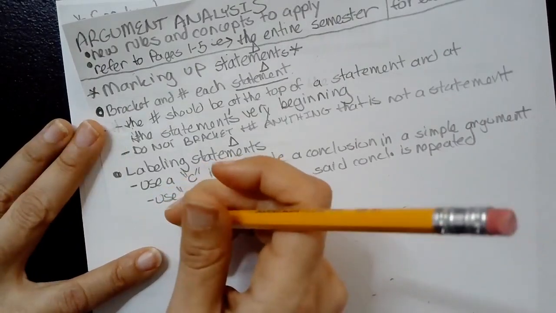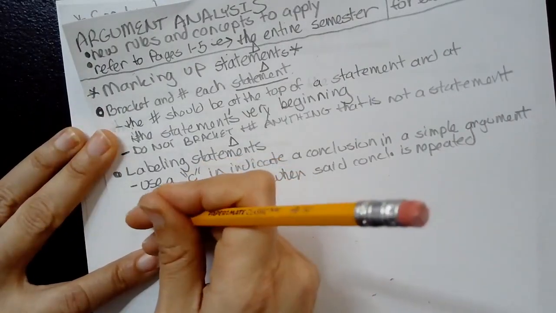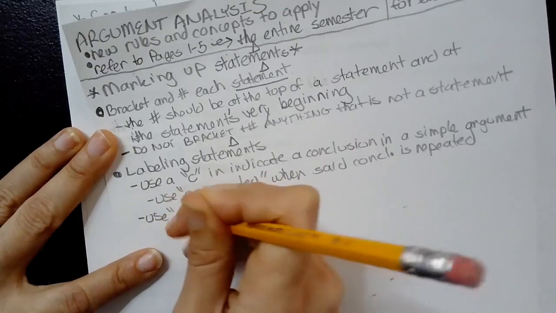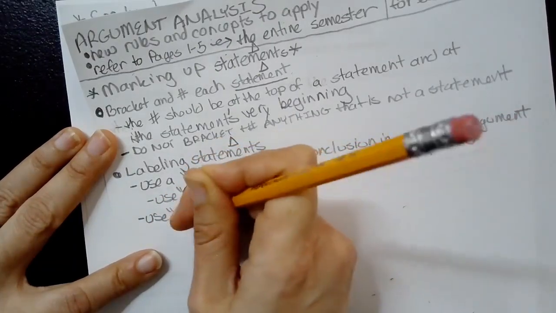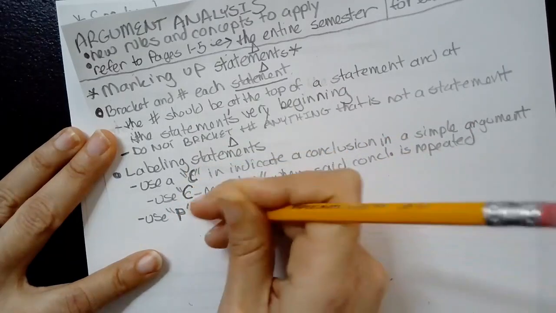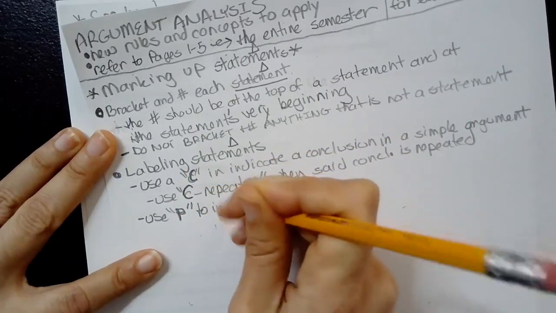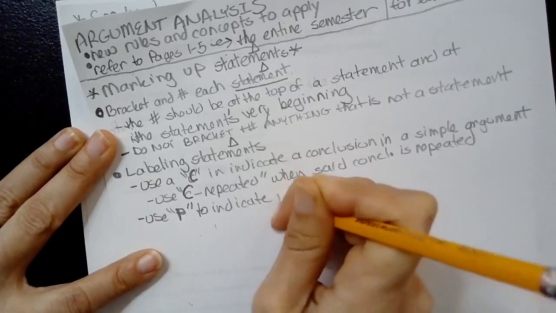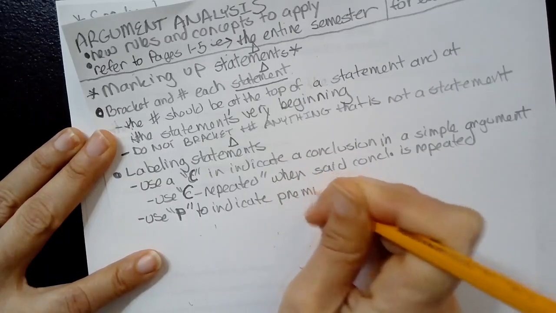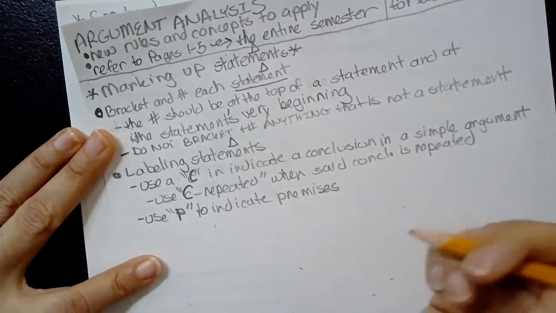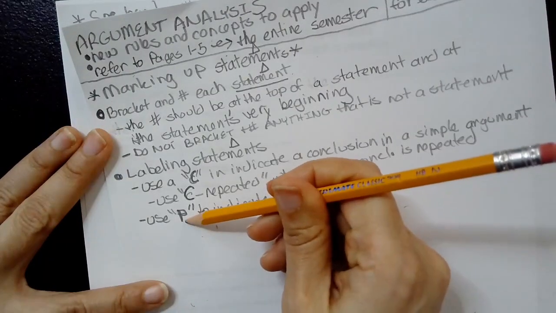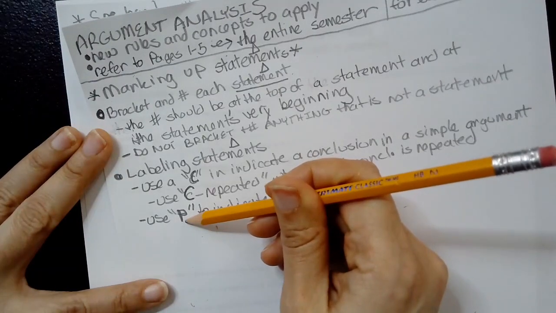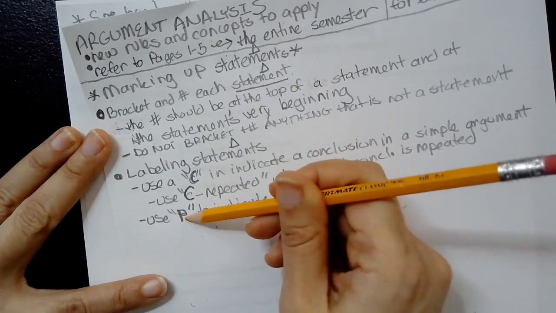So then use P, and we're going to use capital letters, I should say capital P, to indicate premises. And remember, premises is synonymous with reasons, but we're going to use P to label the statements that are functioning as reasons, premises. So I shouldn't see an R, just premises.